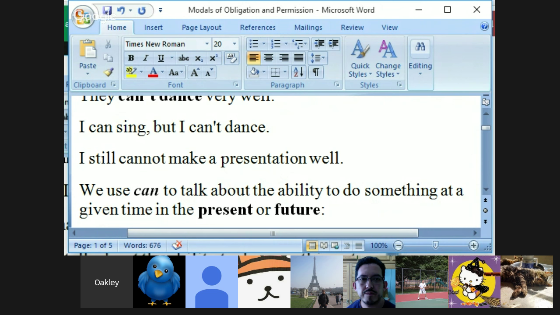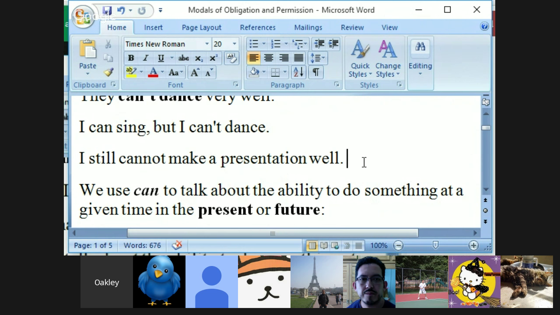If I say cannot, we must add the stress to the negative. I cannot make a presentation well. I cannot get rid of still. That's it. Okay, gotcha. So what can you do? I can hear you pronounce or stress or unstress can. Masa, what can you do?